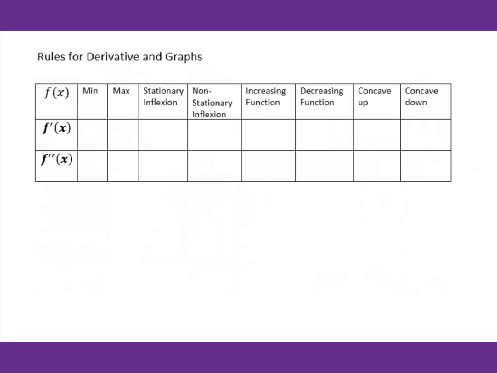For f of x minimum or maximum, the first derivative definitely equal to 0. Stationary inflection point is also equal to 0. When the graph is increasing, the first derivative is positive. Decreasing function, it will be negative.